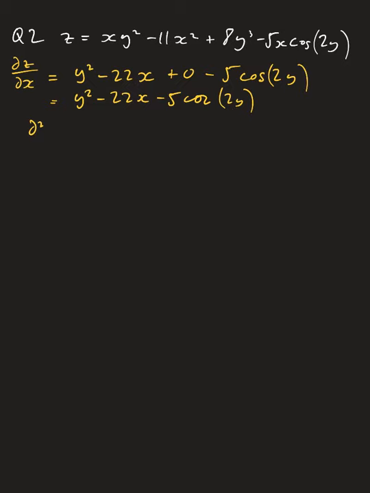Next, I'll do ∂z/∂y. Now I'll differentiate with respect to y while treating x as a constant. So xy squared becomes 2xy. Minus 11x squared goes to 0. 8y cubed becomes 24y squared.